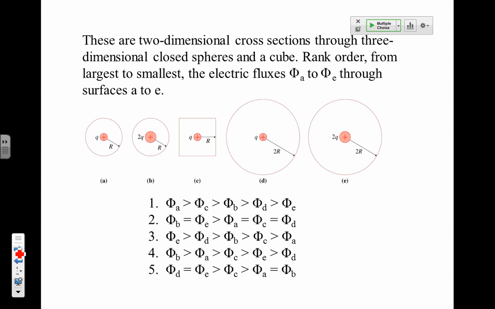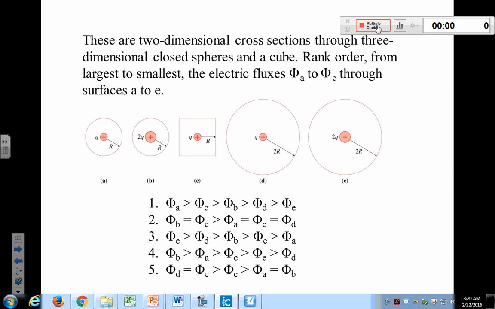Let me see what the next question is. Let's do this one. This will be our last one. These are two-dimensional cross-sections of spheres that have charges in them. This has plus Q, this has plus 2Q, and this has plus Q in it. This is a sphere, this is actually a cube.